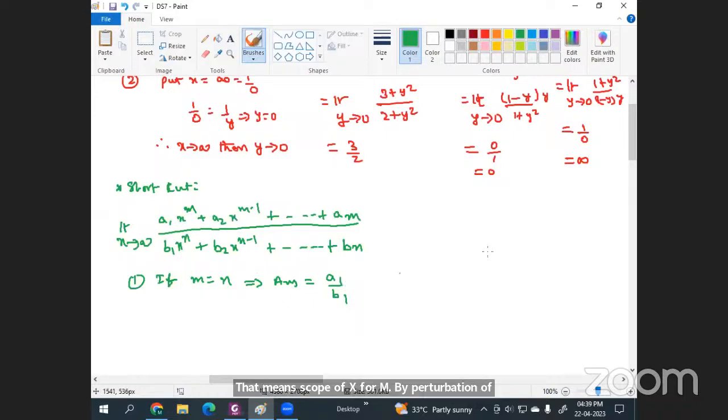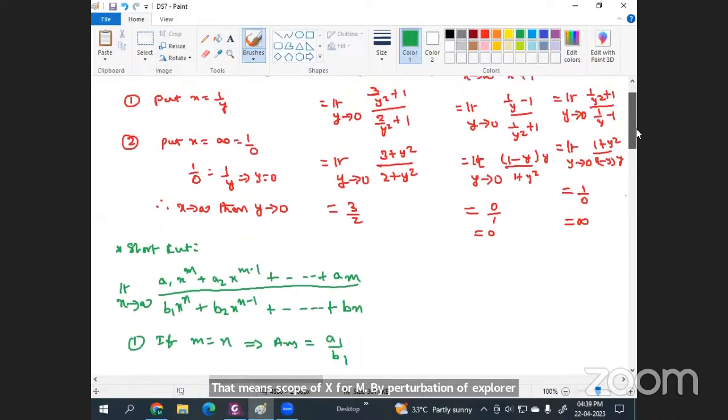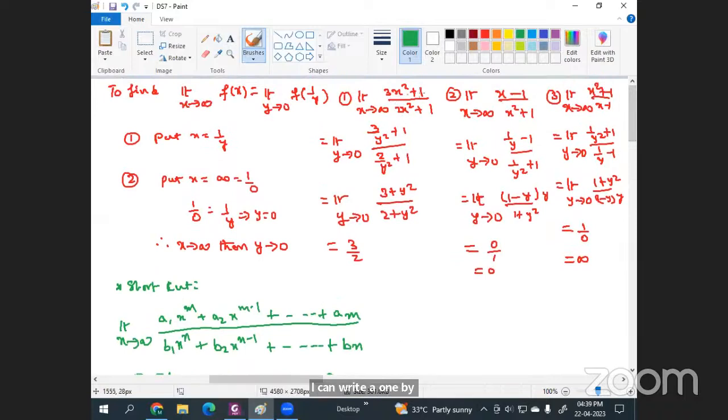Now we can take 3x square plus 1 by 2x square plus 1. The x square coefficients are in both, so the answer is 3 by 2. The coefficient of x square in the numerator by the coefficient of x square in the denominator, whatever it is, 3 by 2. I have written 3 by 2 straight away.